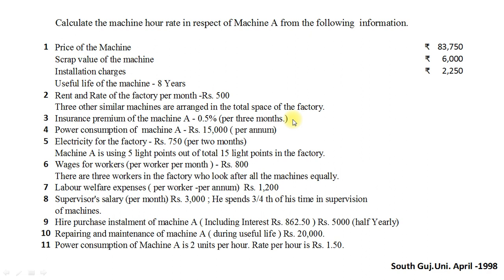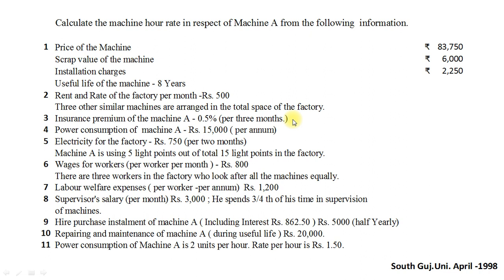83,750 multiply 0.5 percentage. So you will get premium for 3 months, that is 418.75, multiply 4. So you will get 1,675 rupees annual insurance premium of the machine.